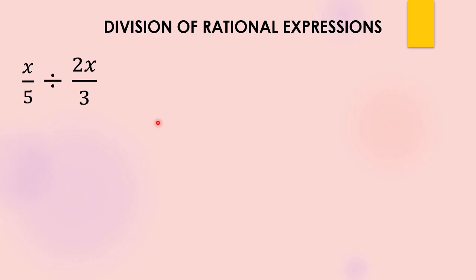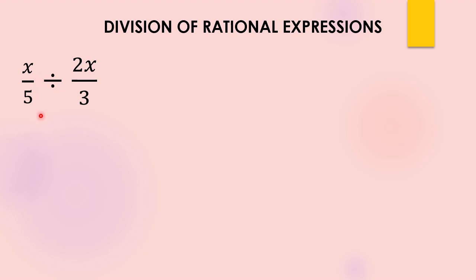Okay, now let us discuss how to divide rational expressions. So when it comes to the division of rational expressions, we follow the same principle or same rule as when we are dividing two fractional numbers.